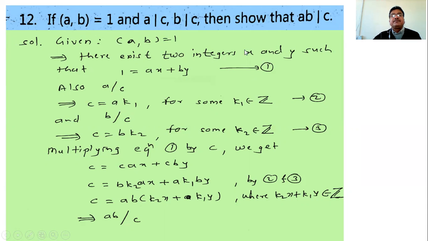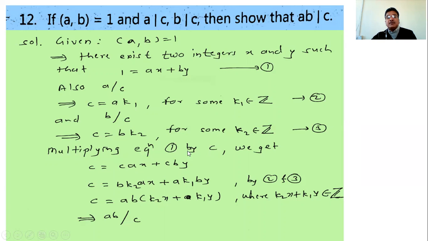This is given in the theorem: the gcd of a and b is 1. It means that a divides c, so c equals ak1, and b divides c means c is expressed in the form bk2. This is the given. And what we have to show? ab divides c. So when ab divides c, c is expressed in the form ab times some integer.